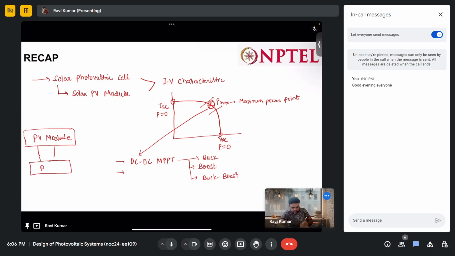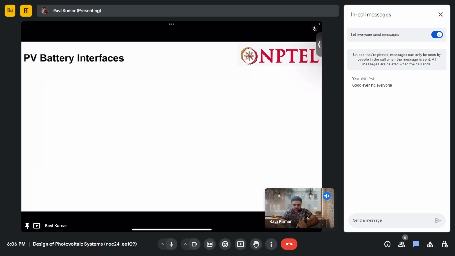So particularly in this week, we are going to study how PV modules are integrated with these batteries. In this particular week, we are seeing PV battery interfaces.